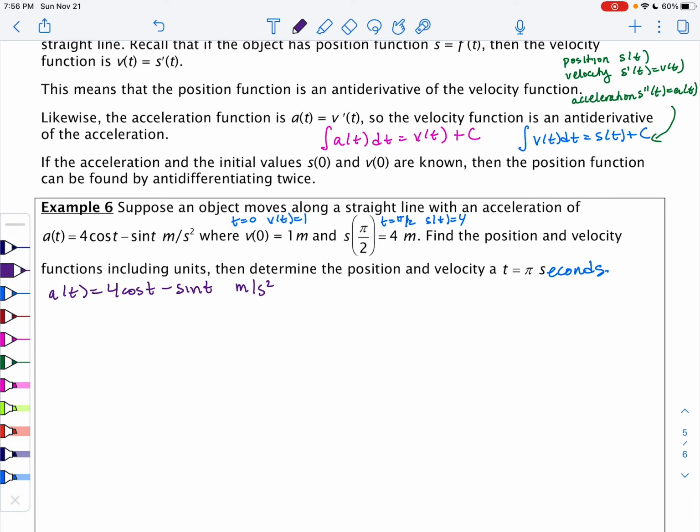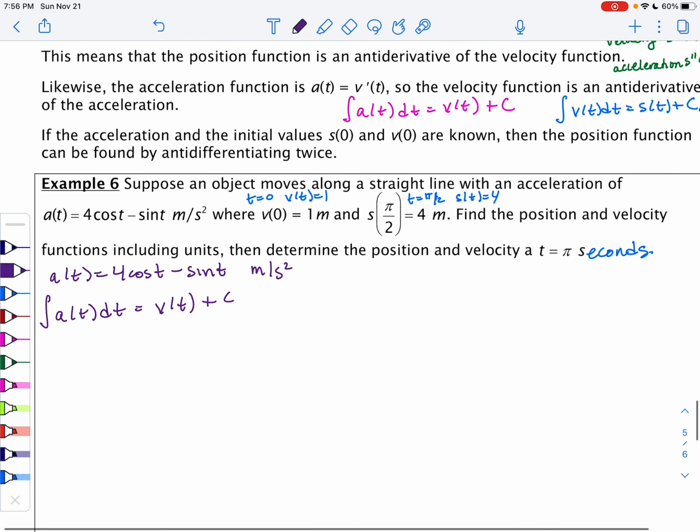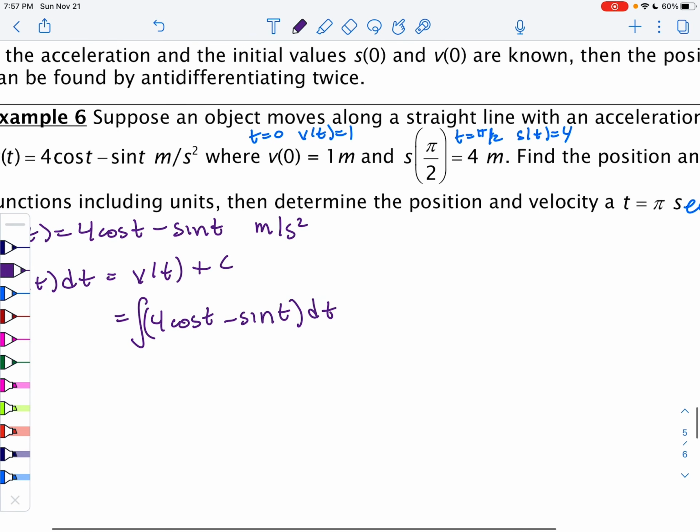And we're going to take the antiderivative to find the velocity. So if we take our antiderivative, we're going to get our velocity plus c. So we're going to take the function 4 cosine t minus sine t, and we can integrate that term by term to get our v of t.